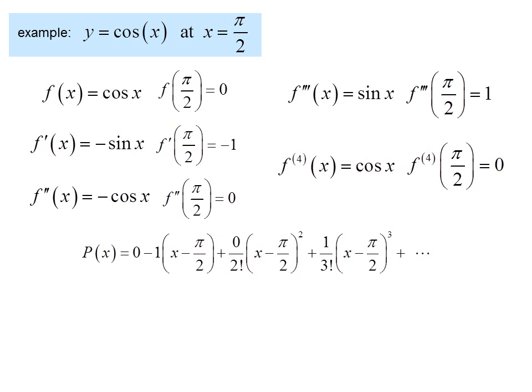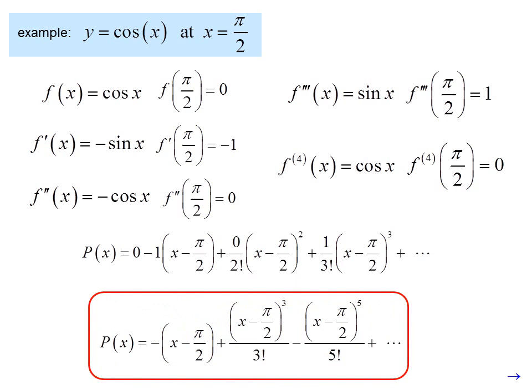Remember, because this series is not centered at 0, but is a Taylor series centered at pi over 2, we don't simply use x in the series, we have to use x minus pi over 2. So simplifying, we get p of x equals negative (x minus pi over 2) plus (x minus pi over 2) cubed over 3 factorial minus (x minus pi over 2) to the fifth over 5 factorial.